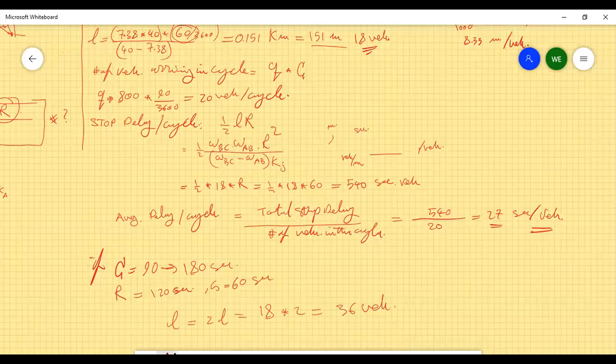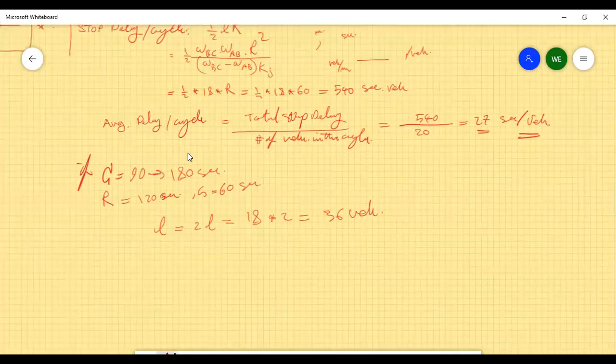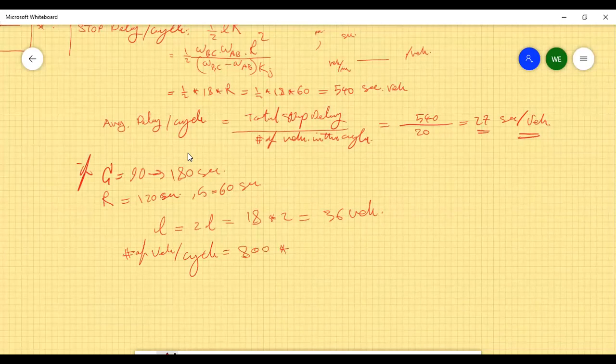Okay, number of vehicles per cycle, what will it equal? It equals 800 multiplied by 180 divided by 3600. So we have 40 vehicles per cycle.